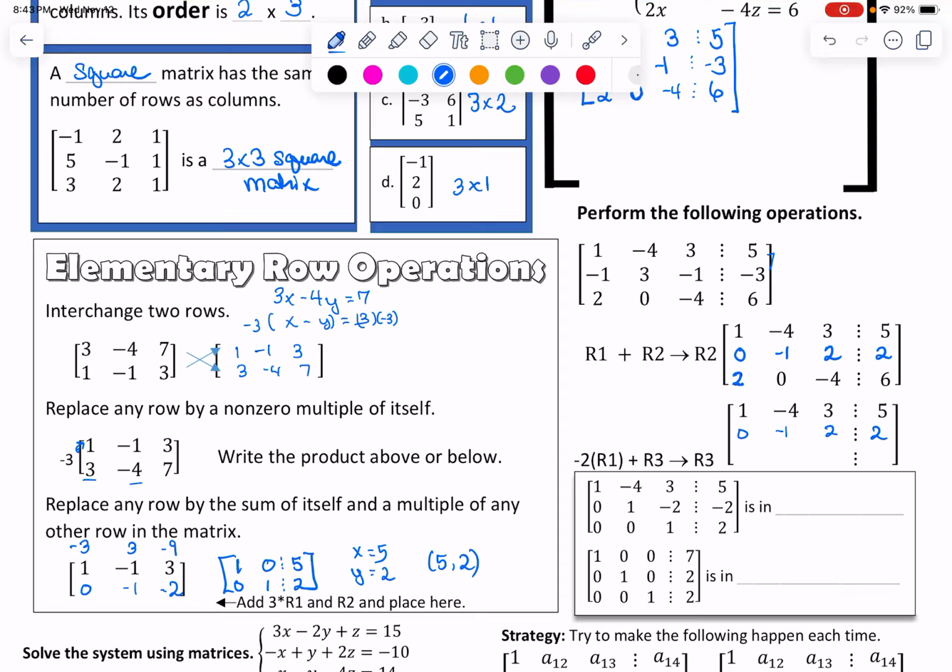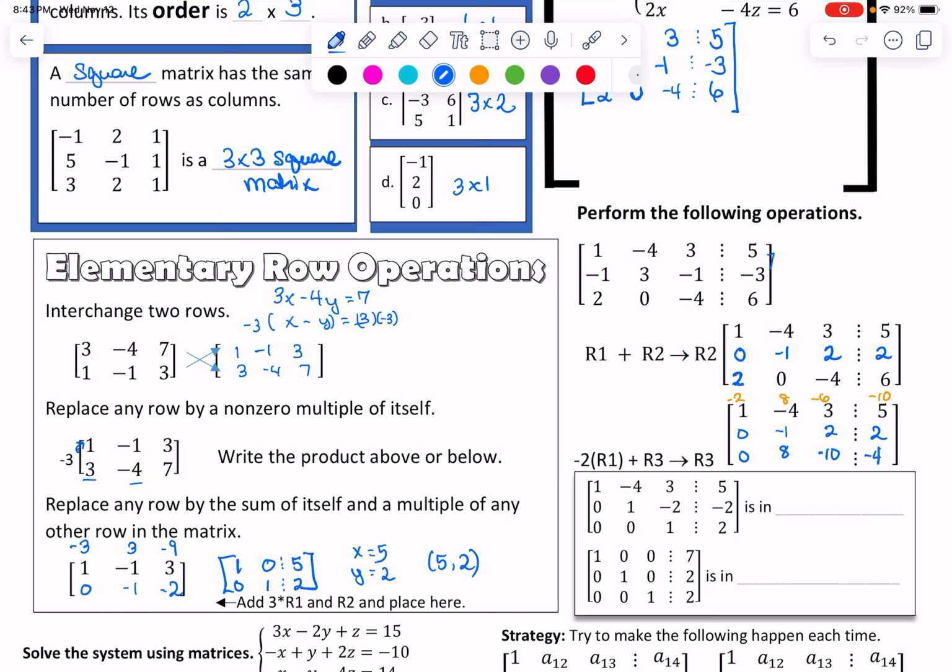So the top row times a -2 would get us -2, +8, -6, and a -10. And when we add that to the bottom row, we would have a 0, an 8, because 8 plus 0 is 8. -6 and -4 is a -10, and -10 and a +6 is a -4.